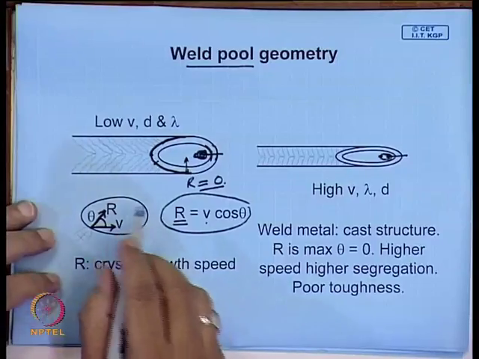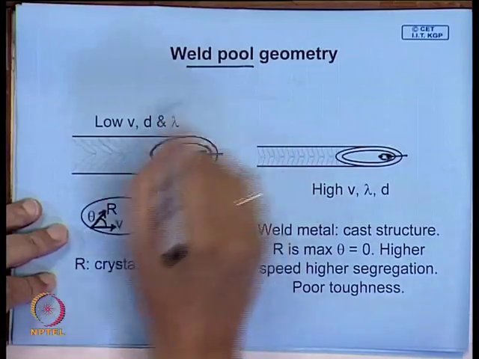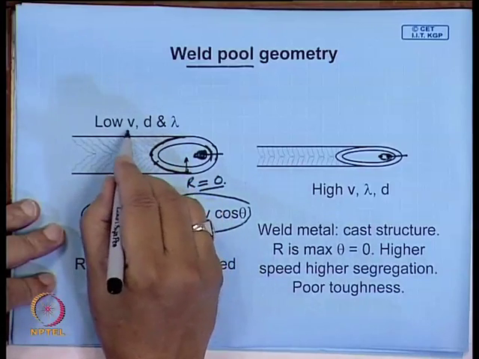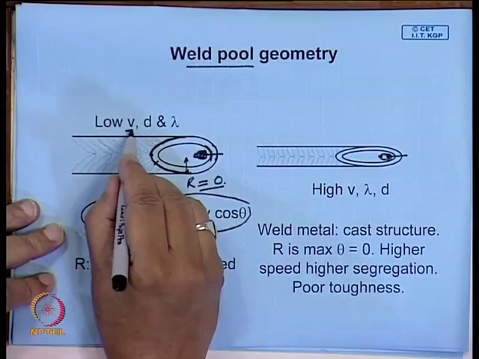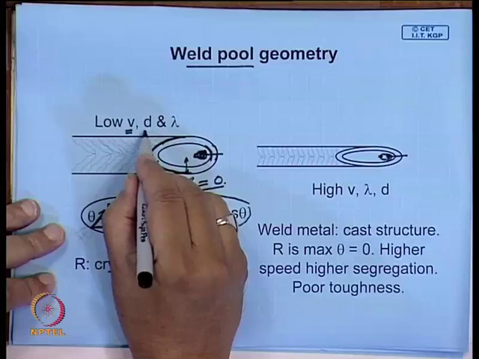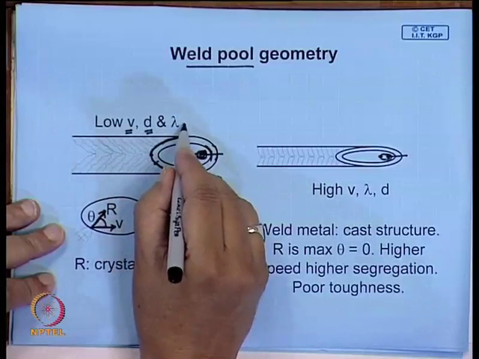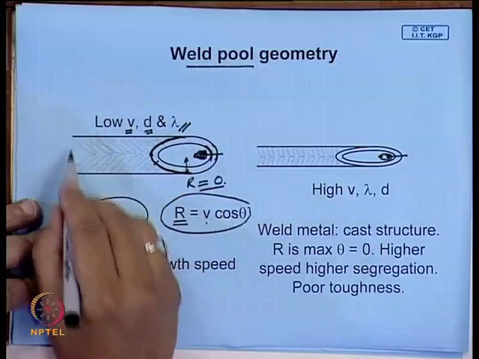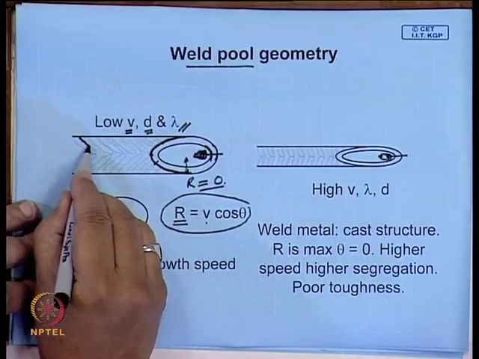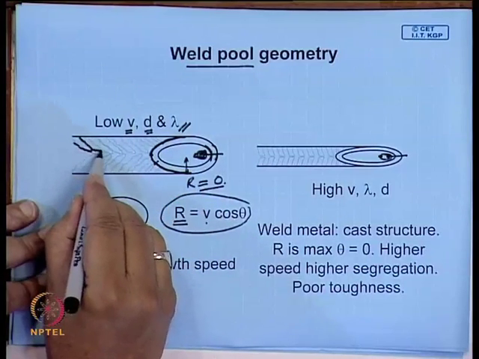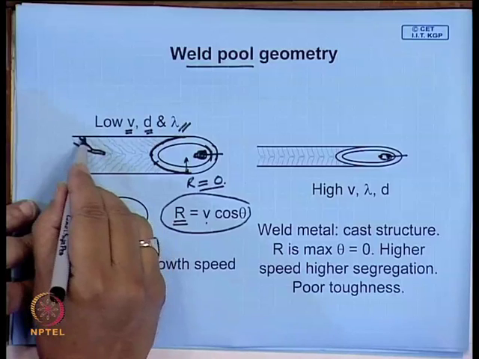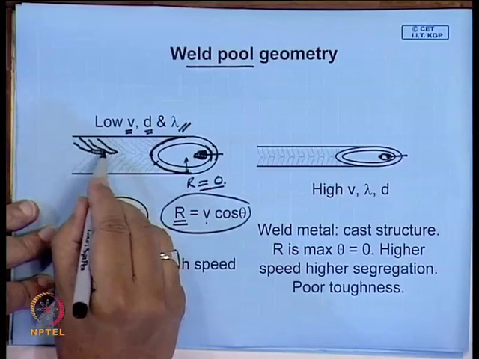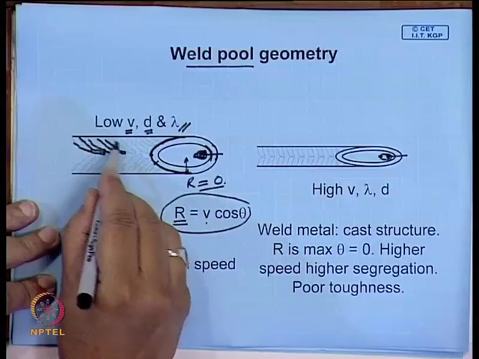Now it is quite interesting, you can see that the geometry of this weld pool will be a function of several factors. It will depend on velocity, it will depend on the size, it will depend on lambda, the conductivity, and if these are low, we will find that these grains which are growing, they grow, and then sometimes the growth direction also changes, and this is the type of growth which will take place.